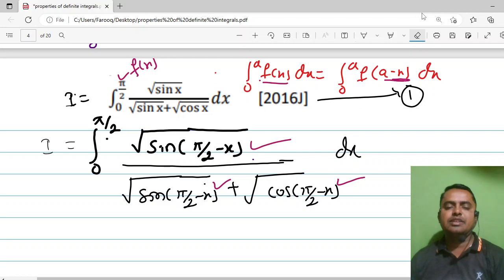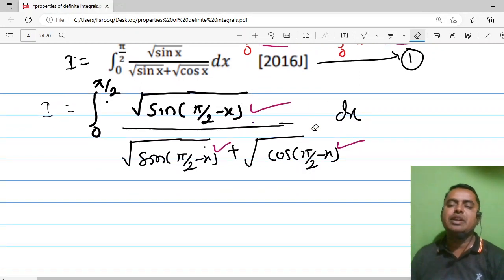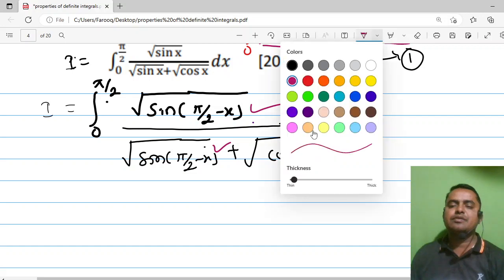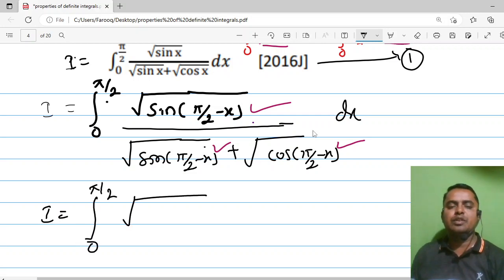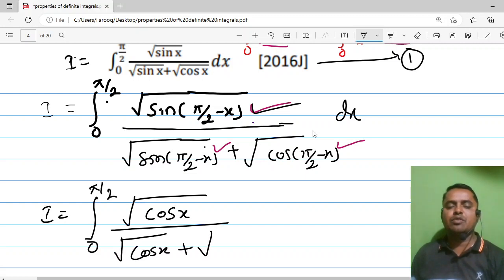Next step, now applying the complementary angles of trigonometric functions. Here I is equal to integration of 0 to 5 by 2 root of sin 90 minus x, which is nothing but cos x, divided by root of sin 90 minus x, which is cos x, plus root of cos 90 minus x, which is sin x, dx.